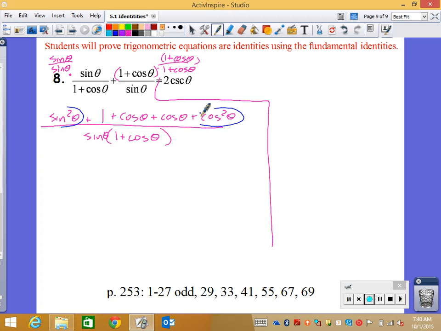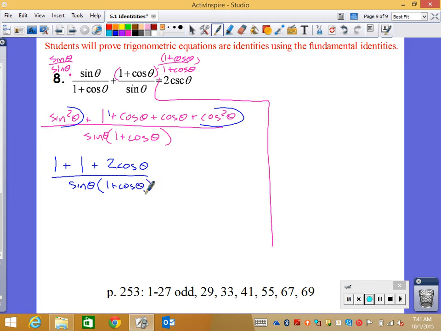Now hopefully we don't need to rewrite this in a whole other step, but you can recognize, hey, I have a Pythagorean identity there. So that turns into 1. Then I also have another plus 1 here. And I have a cosine theta plus a cosine theta, which is 2 cosine theta. That's pretty nifty. Now I'm going to divide by my common denominator, sine theta times 1 plus cosine theta.